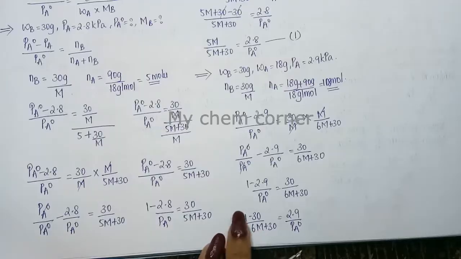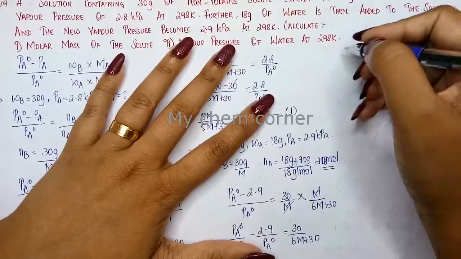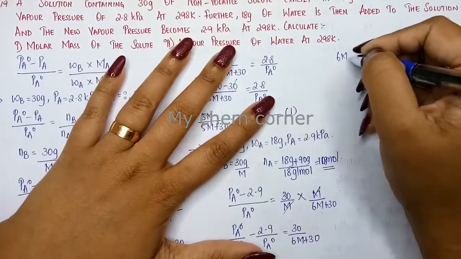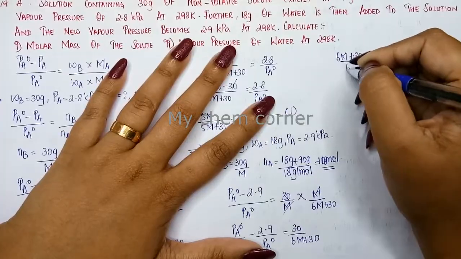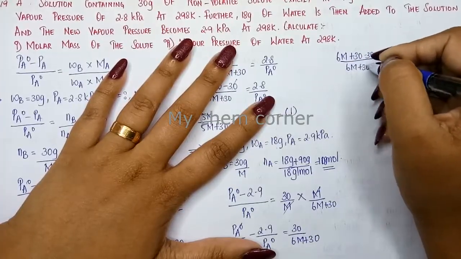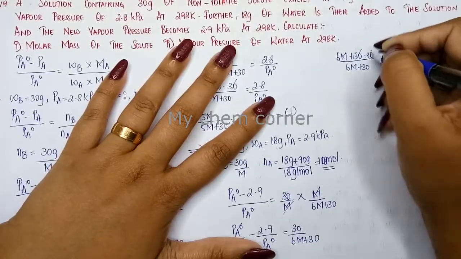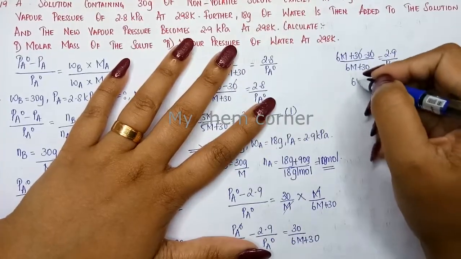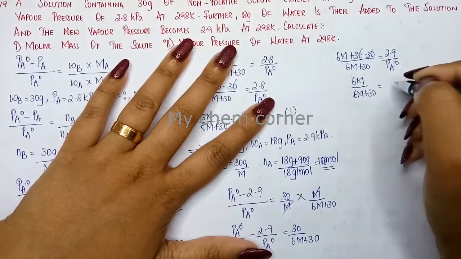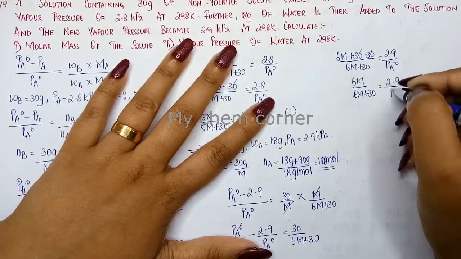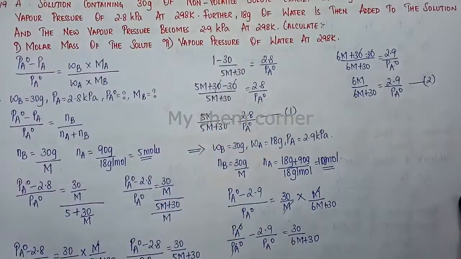Now I'll take the LCM for this, and when I do that, I will end up getting 6M plus 30 minus 30 by 6M plus 30, which is equal to 2.9 by PA naught. Minus and minus will get cancelled. I will get 6M by 6M plus 30, which is equal to 2.9 by PA naught. This is going to be equation number 2.